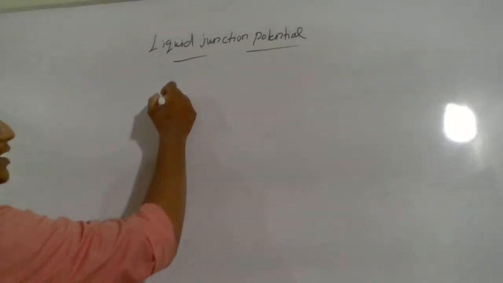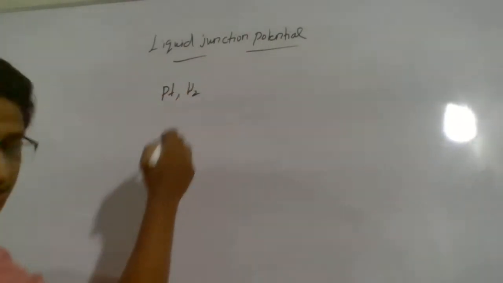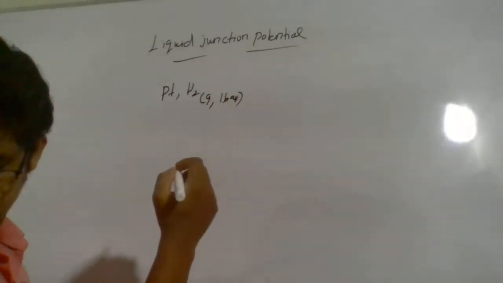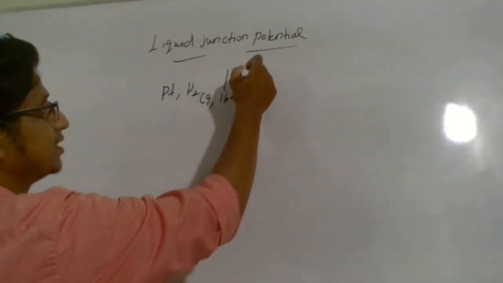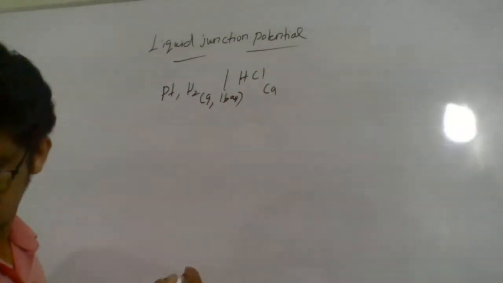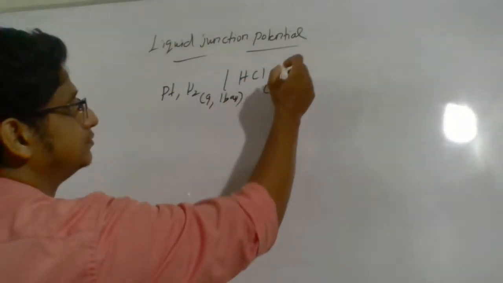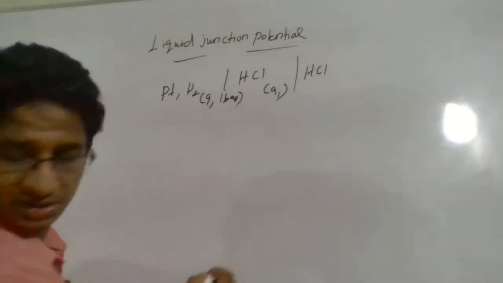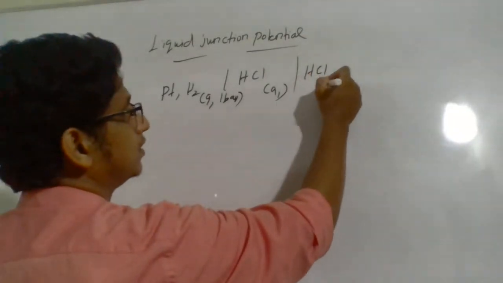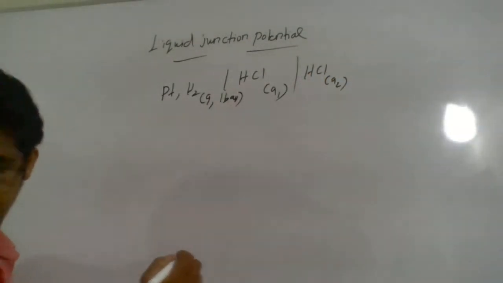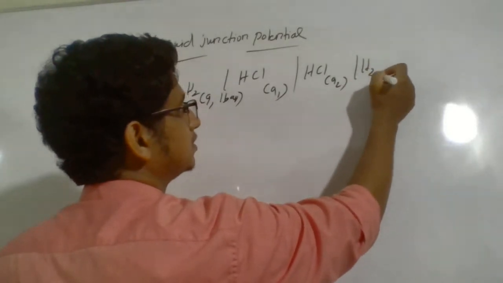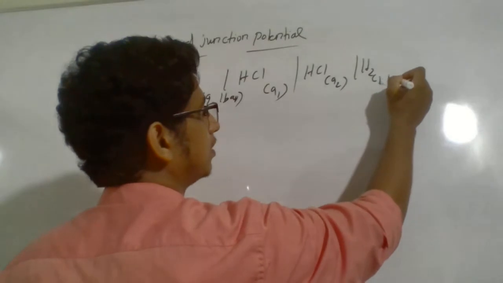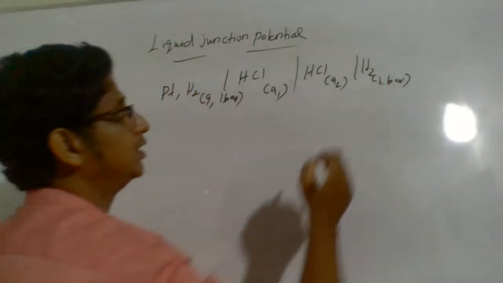Imagine platinum, hydrogen gas kept at 1 bar pressure, HCl, then HCl, hydrogen at 1 bar, platinum.